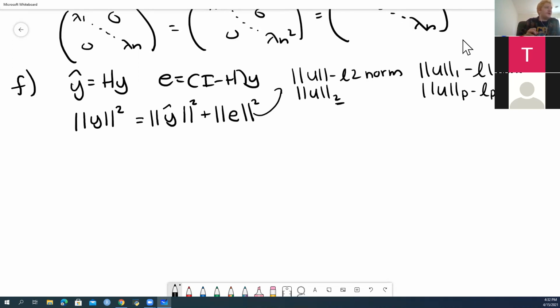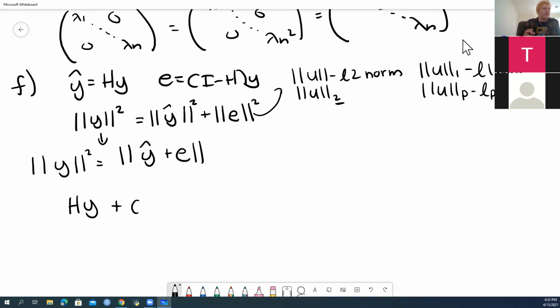To be clear here, y can be written as y hat plus e. If you haven't seen that before, the reason is that if we write out what y hat plus e is, which is Hy plus I minus H times y, or Hy plus y minus Hy, it's just equal to y.